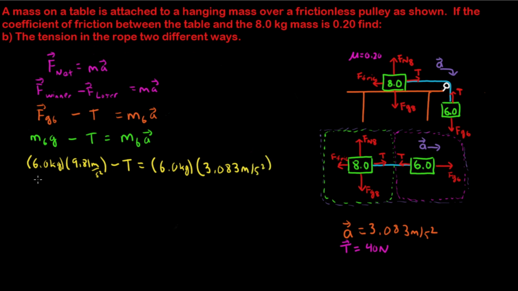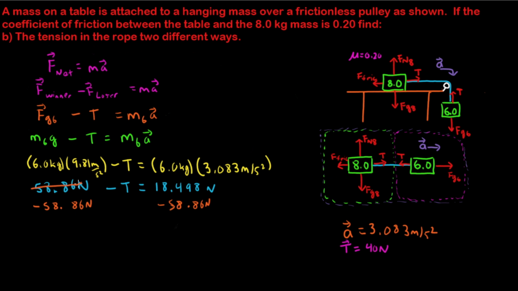6 multiplied by 9.81 is equal to 58.86 newtons, and we keep extra decimal points to avoid rounding errors. Subtract the tension, and this is equal to 6 multiplied by 3.083, which is 18.498 newtons. To get our value for T all alone, we subtract 58.86 newtons from both sides of the equation.